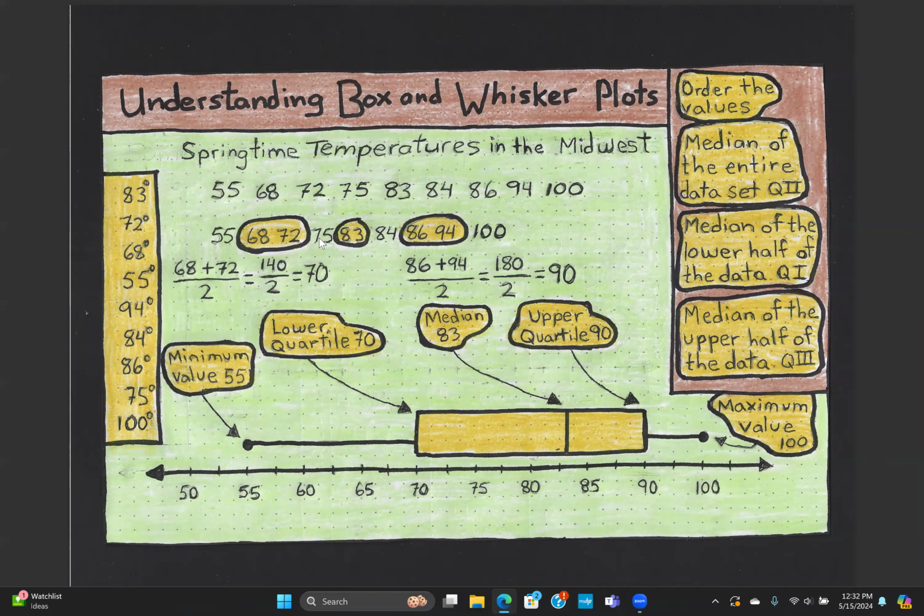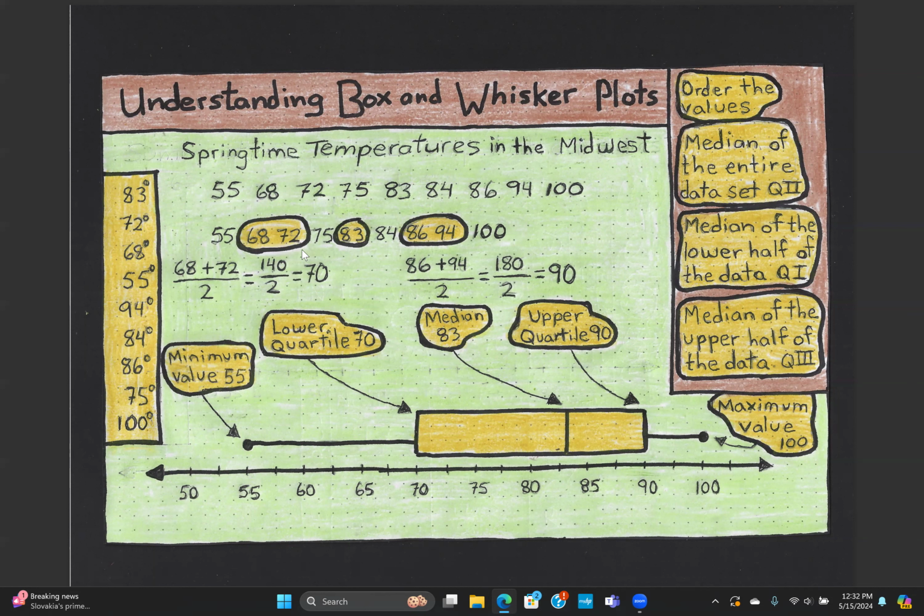And so right here, now let's take a look at the numbers to the left of 83. That is the lower quartile, that is the lower half of the data set. And as you can see, I had to circle two numbers because there are two numbers in the middle, and we have to get the median of that lower quartile, right? And so in order to do that, we have to circle those two numbers, add them together, then divide by 2.